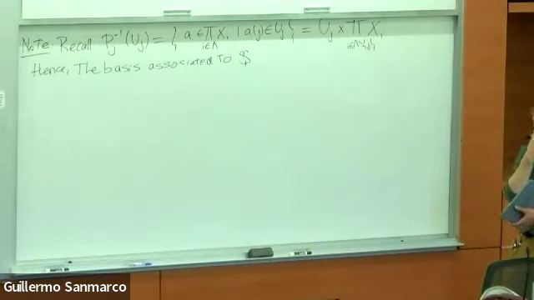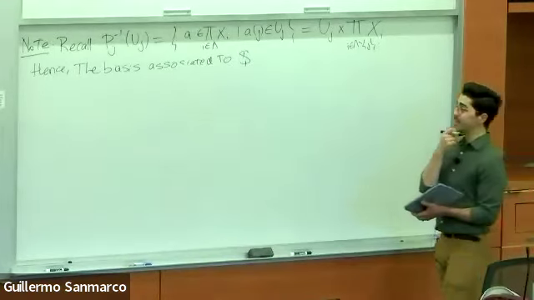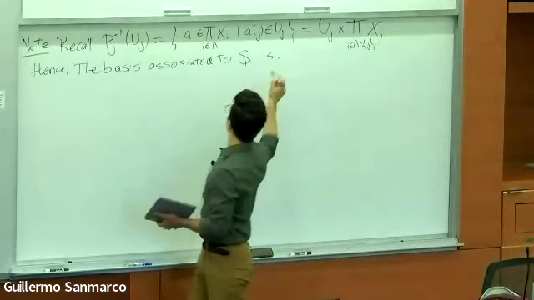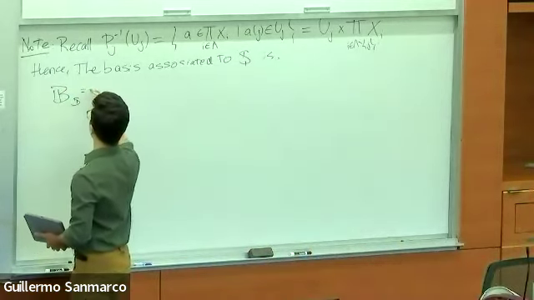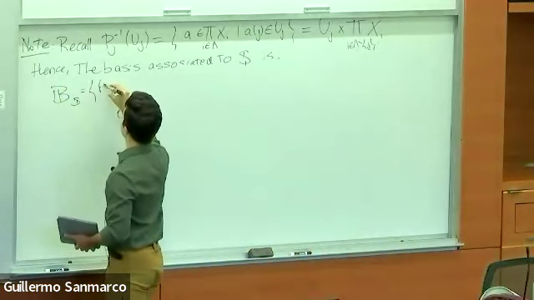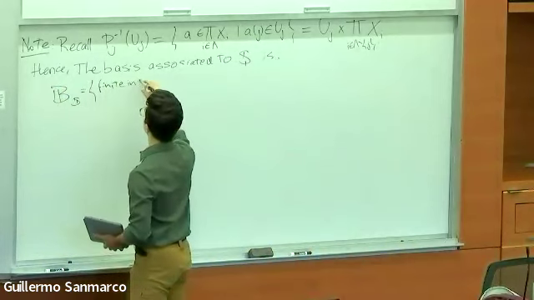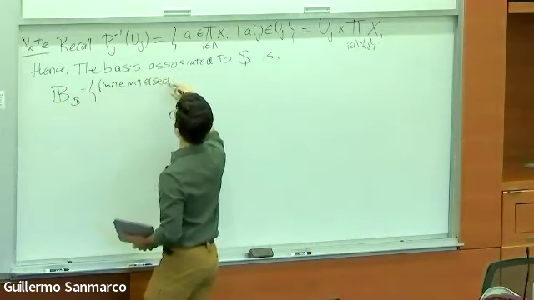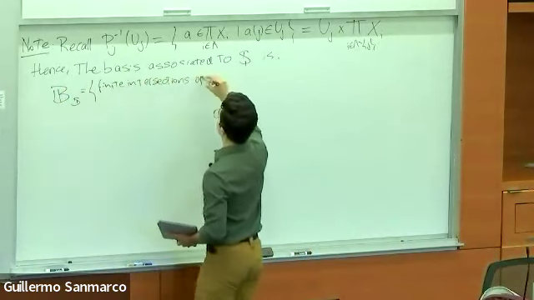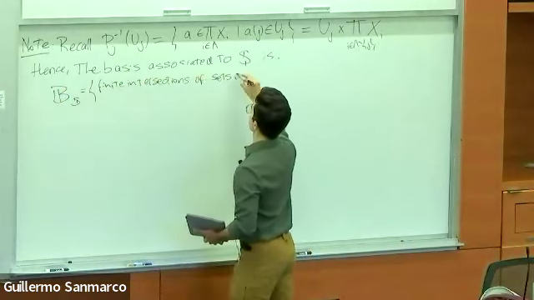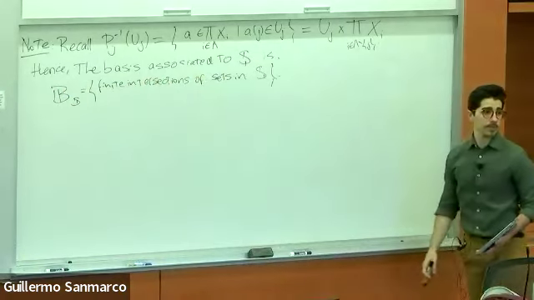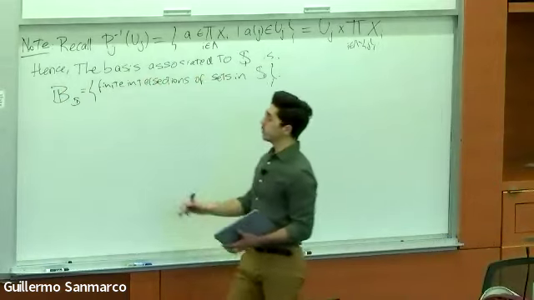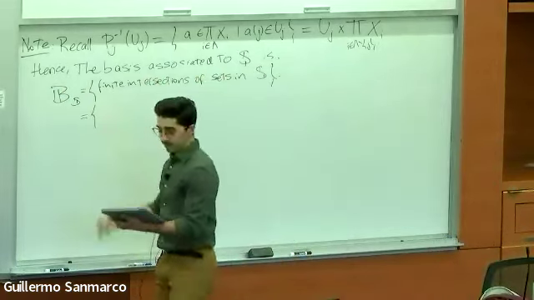What will happen when I do finite intersection of these guys? So remember, that's what we denoted by B sub S. So this is by definition finite intersections of sets in S.